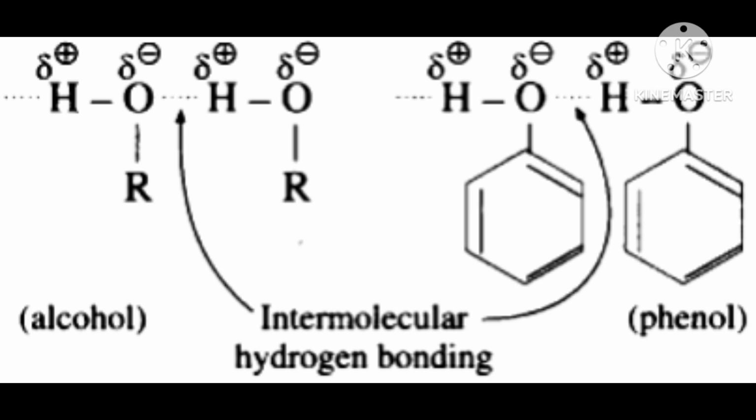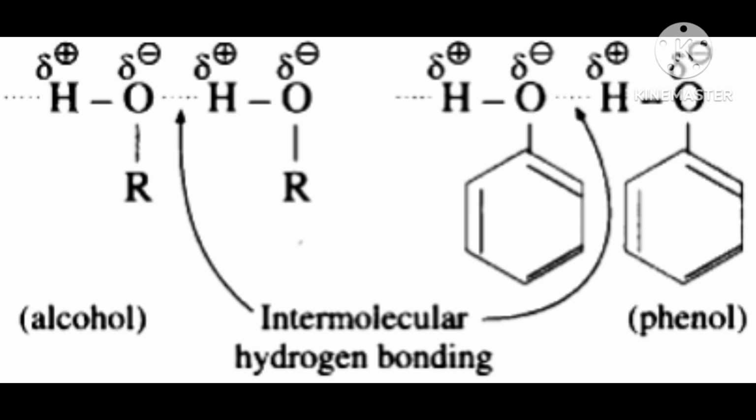Correct? For every alcohol, many alcohol molecules are there. Every alcohol's oxygen will have negative charge and hydrogen will have positive charge. Then oxygen of the first molecule and hydrogen of the second, which is positively charged, will attract each other and make a hydrogen bond. That bond will be a very weak bond.